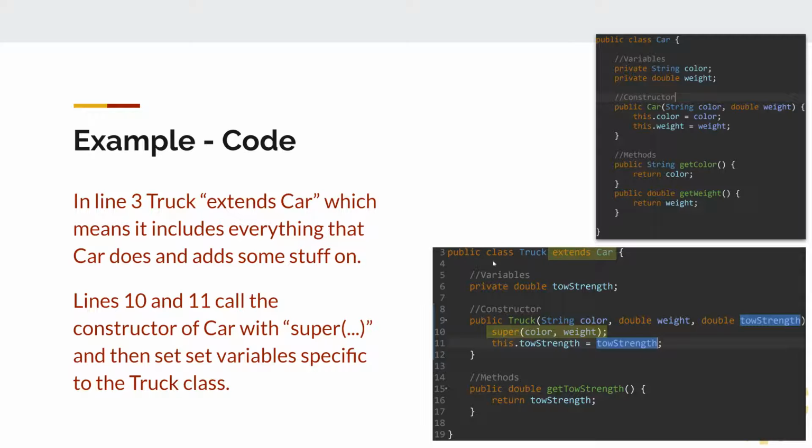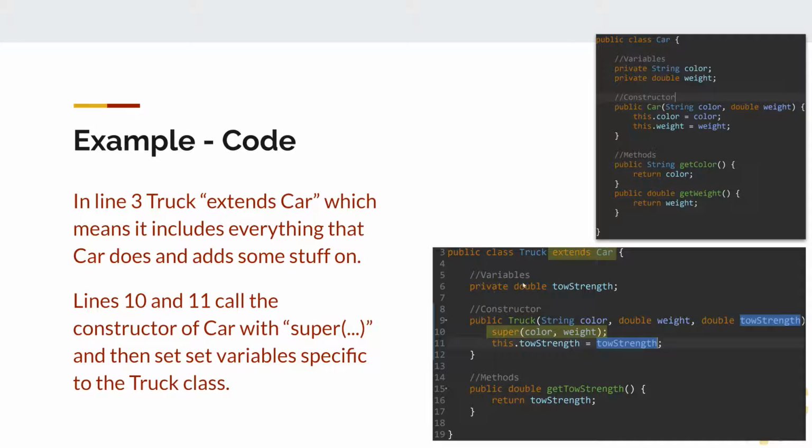What this means is basically take everything from this class and plop it in here, and that's roughly what it does. It's extending on top of the car. So if we have a variable like weight in car, we can call truck.weight, and that'll just work fine because it's part of the truck.